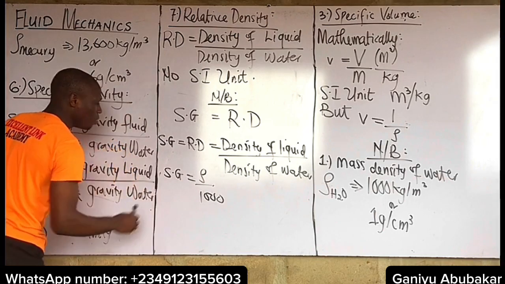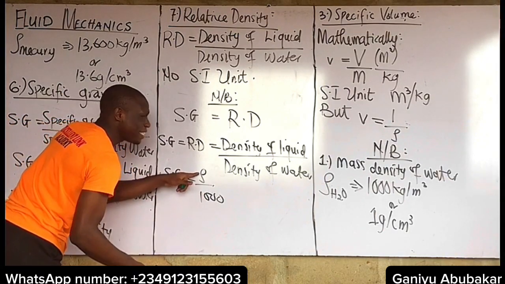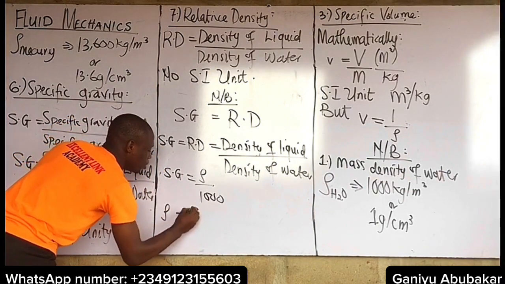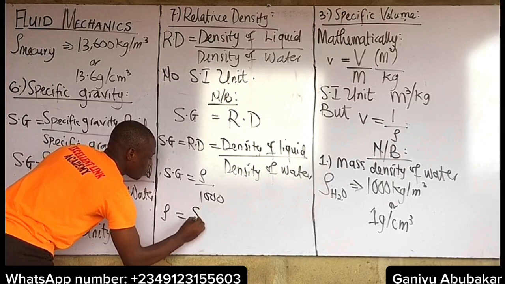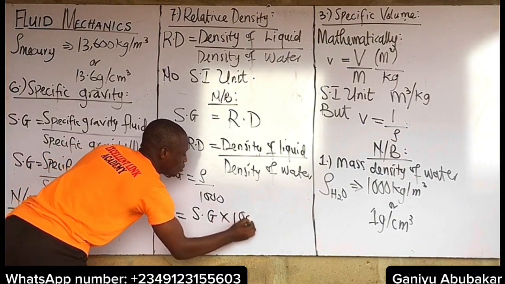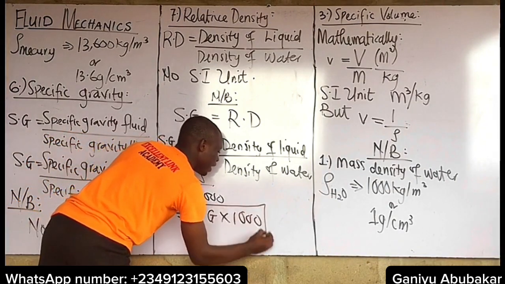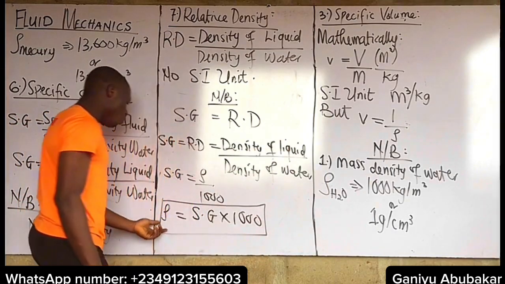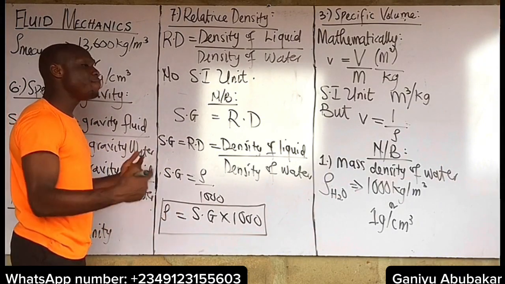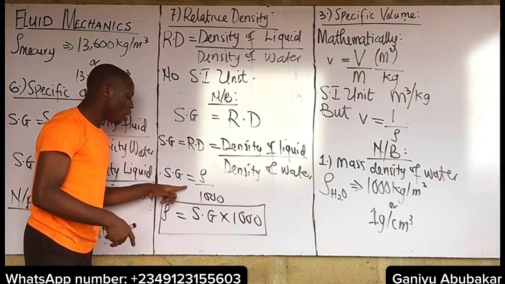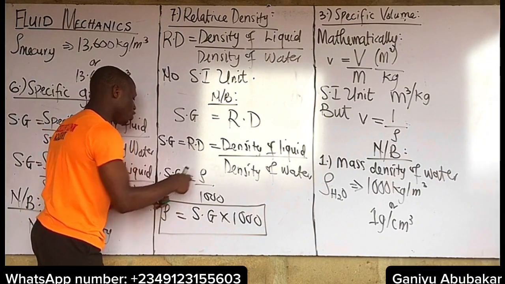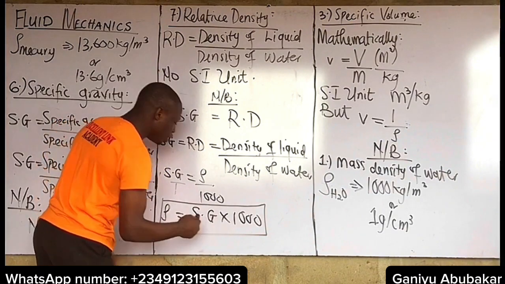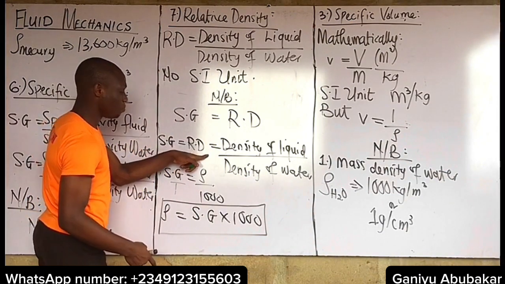So it means that the mass density of a liquid, that's rho, is equal to the specific gravity times 1000. A very important formula you need to note: the density of liquid, known as mass density, is equal to the product of specific gravity and 1000. Or you can also change specific gravity to relative density.